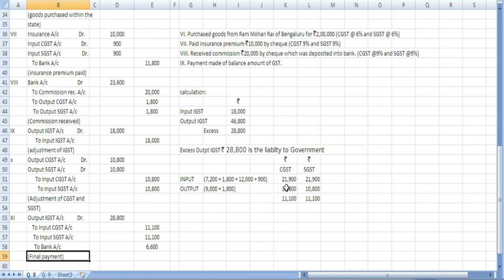So 10,800 what they have collected, they have settled, and the extra amount, that is the input they had to give, has been settled with the excess of output GST. So this is how you have to do when your output IGST is greater than your input IGST.